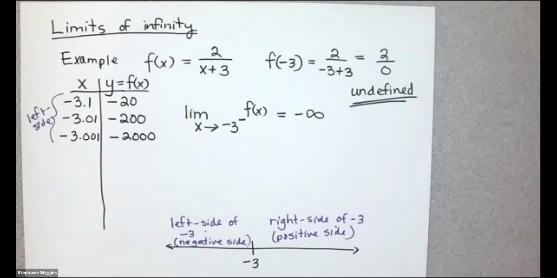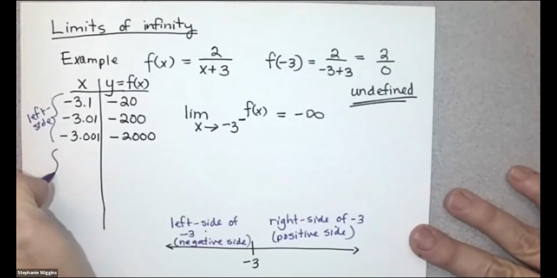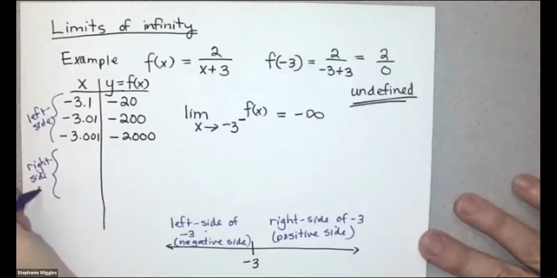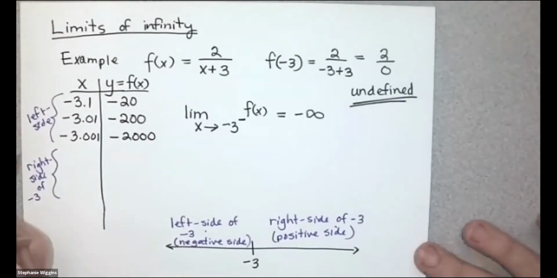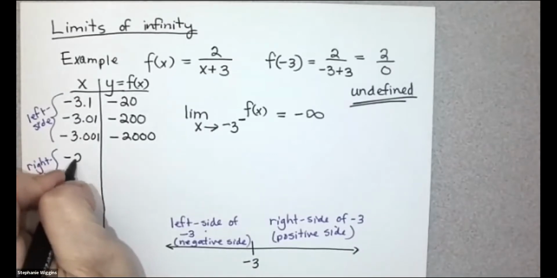Okay, so looking now at the right-hand side of -3. The numbers that I picked are -2.9.